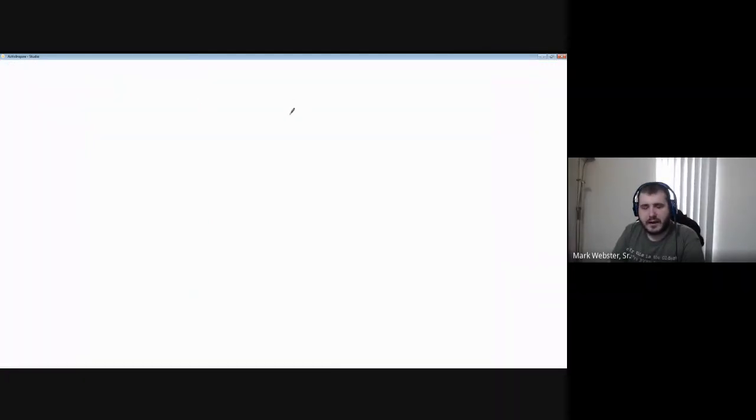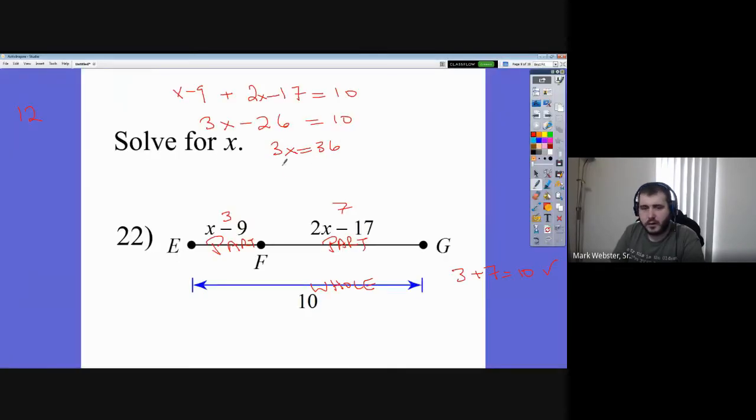Negative 9 and negative 17 makes negative 26. We're going to add the 26 over. Then divide both sides by 3 to solve and get 12. So, yeah, absolutely. We got it. Good job.